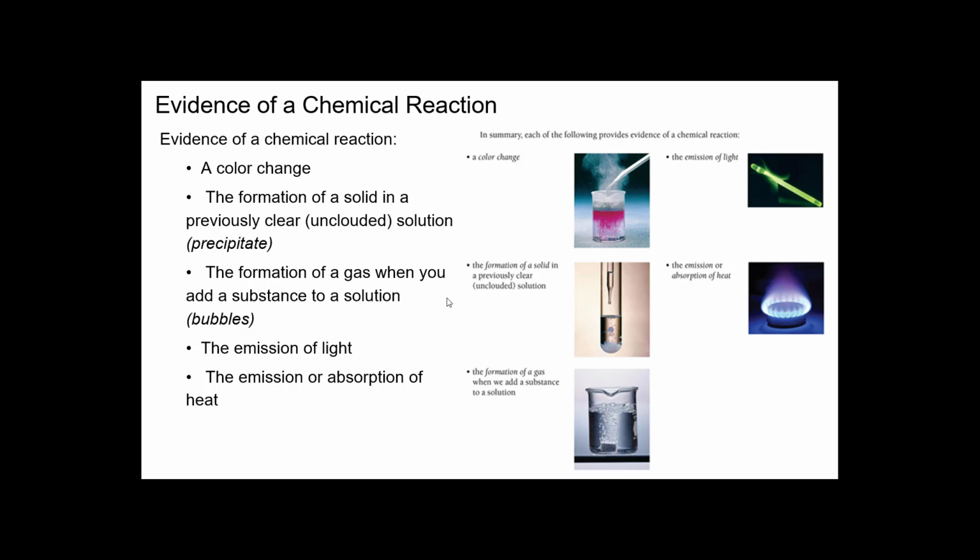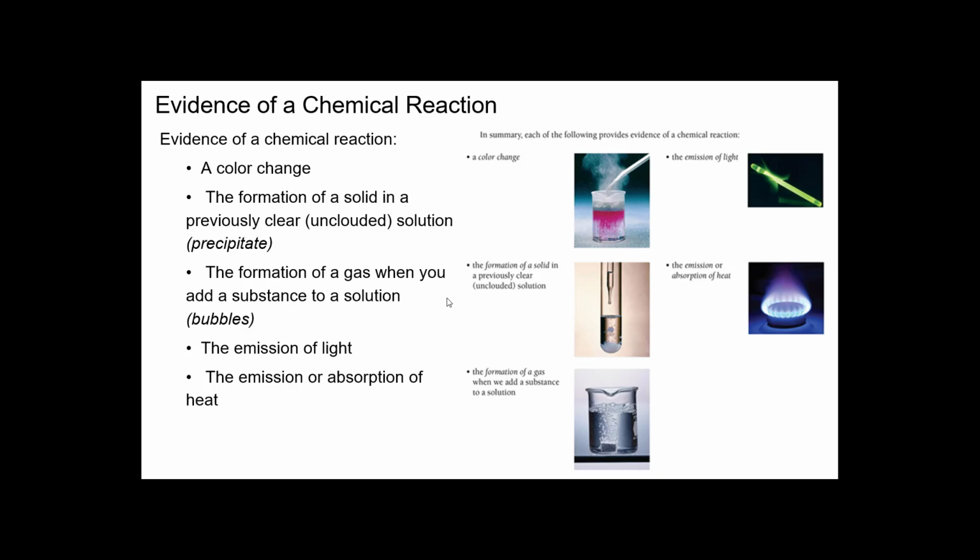Now the word solid in this context does not mean something like a rock. We mean a visual change, even a cloudiness or small, tiny particles, and that is still considered a precipitate. Because what you started with does not look the same anymore and looks white and milky, that is a precipitate, even if it's not a thick bunch of rocks. That's not what we mean here.